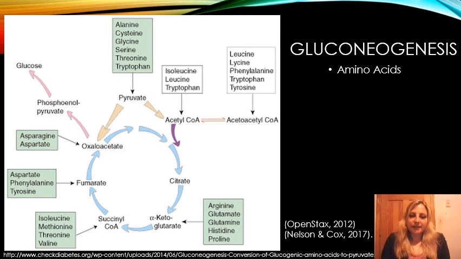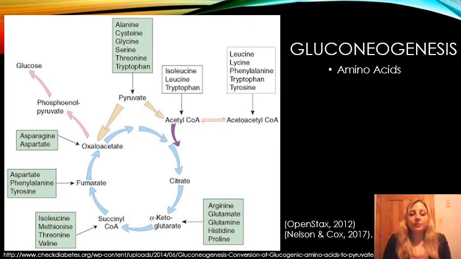In the white boxes, isoleucine, leucine, tryptophan can all enter as acetyl-CoA, and leucine, lysine, phenylalanine, tryptophan, and tyrosine can all enter as acetoacetyl-CoA.